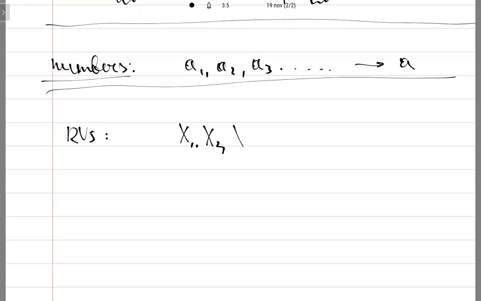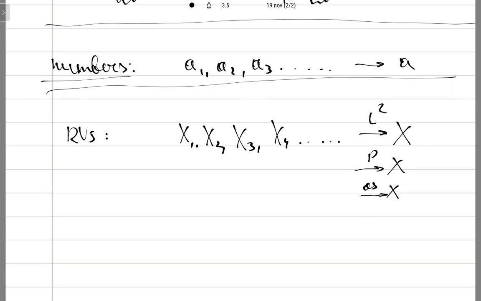X1, X2, X3, X4, and they may converge to X in many senses. They may converge in L2, they may converge in probability, they may converge almost surely. There are some more modes of convergence.